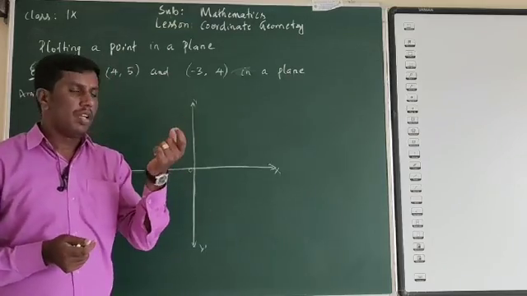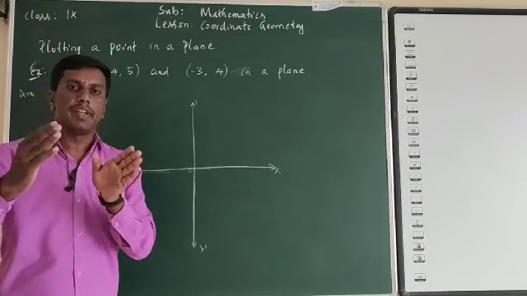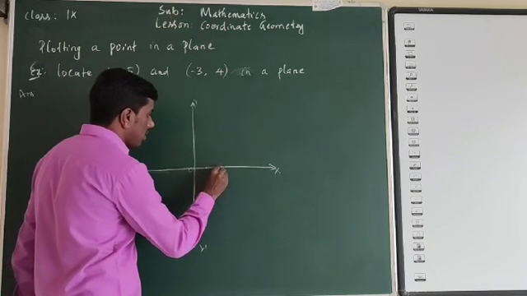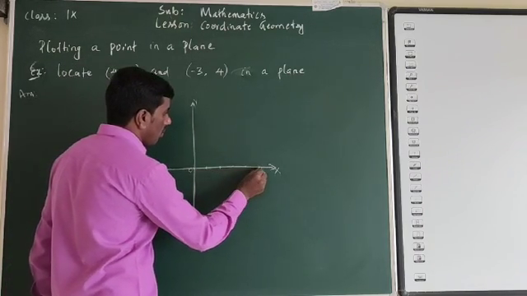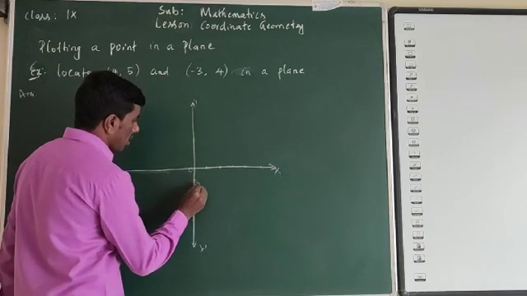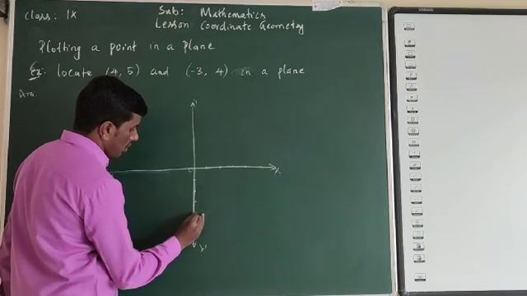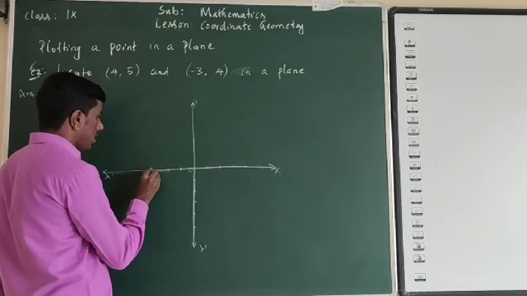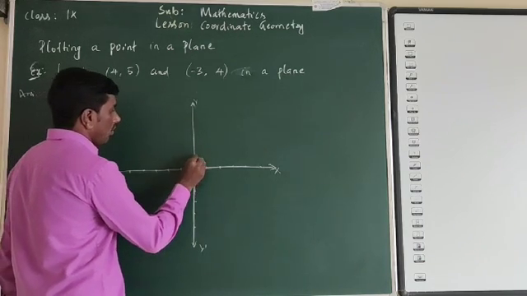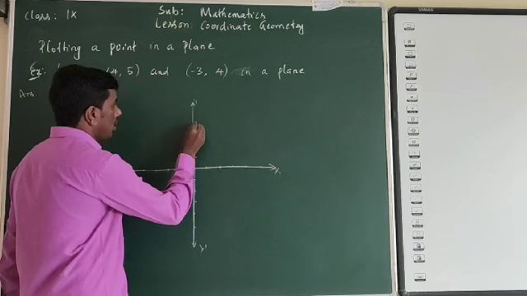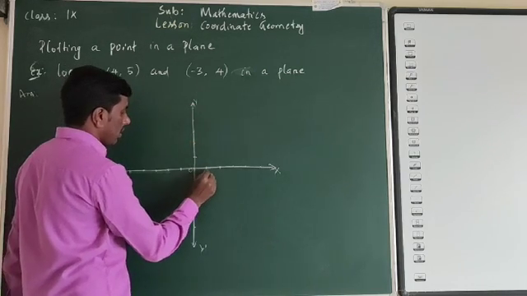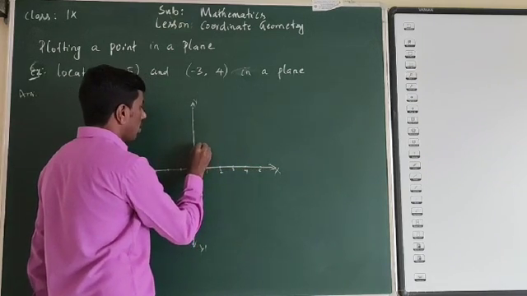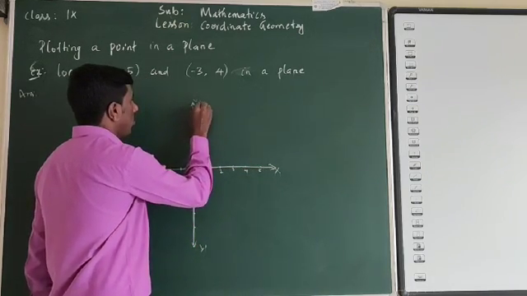In the graph sheet, they will be measuring the centimeters, so we will take it as 1, 2, 3 units. Okay, so it has to be equidistant. 1, 2, 3, 4, 5 along each positive direction.